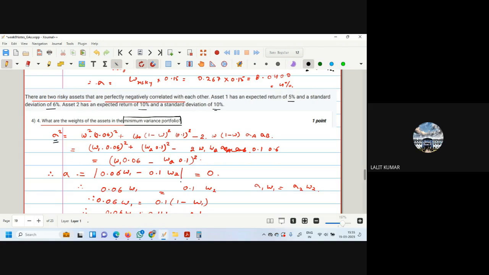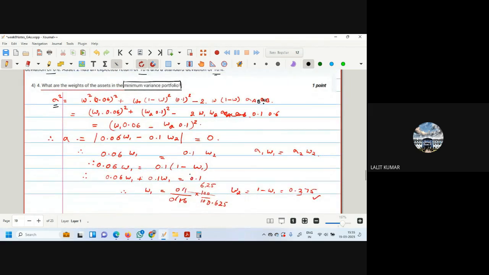So we put W squared into 0.06 squared plus 1 minus W squared into 0.1 squared minus 2 into W into 1 minus W into sigma AB. Sigma AB, they have given as perfectly negative, so this becomes minus 1. When you put it in the formula, this is plus, and when you put sigma AB, it becomes minus.